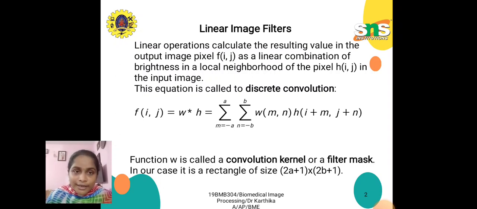Here the function w is called a convolutional kernel or a filter mask, because in this linear operation we calculate the resulting value in the output image pixel f of ij as a linear combination of brightness in the local neighborhood of the pixel h of ij in the input image.